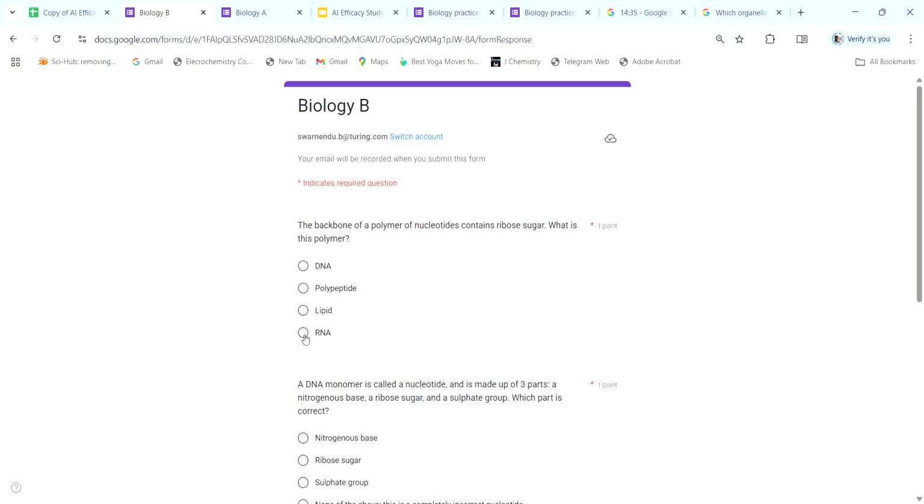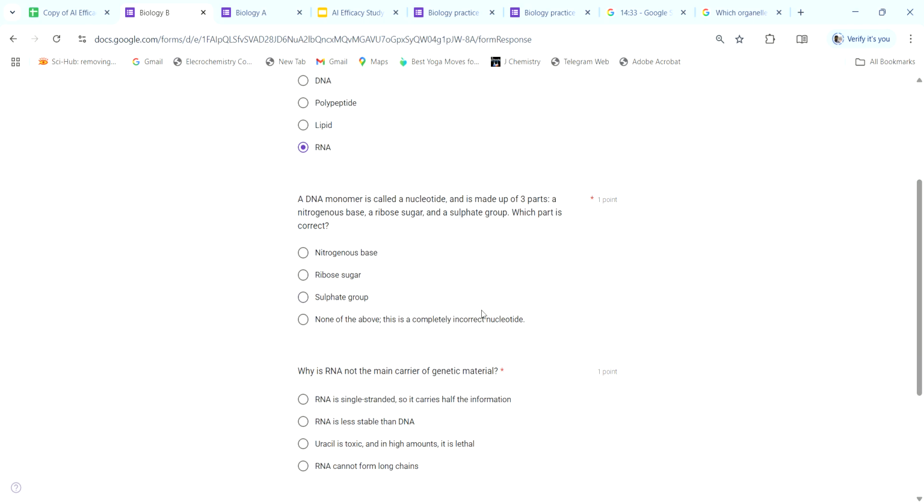The monomer is called nucleotide and is made up of 3 parts: nitrogenous base, ribose sugar and a sulfate group. Which part is correct? So I think the nitrogenous base is correct, because ribose sugar remains in RNA and this is not a sulfate group, it will be a phosphate group.